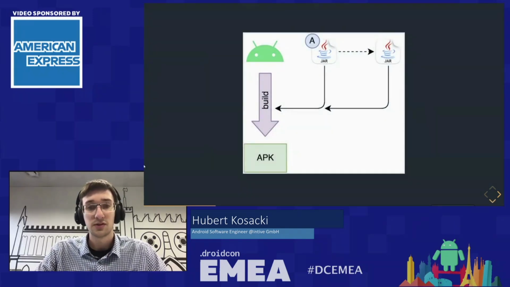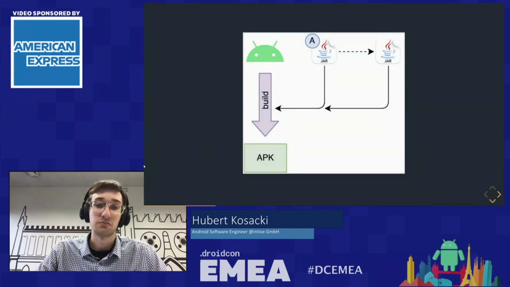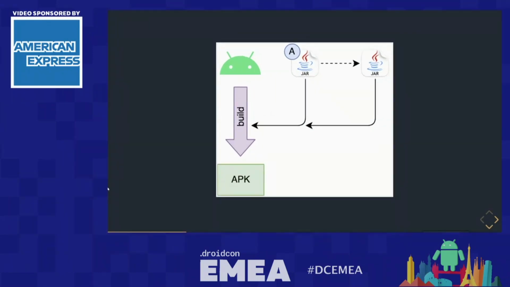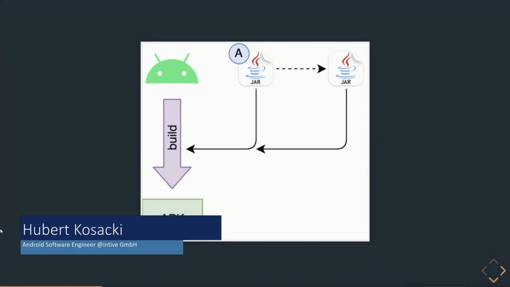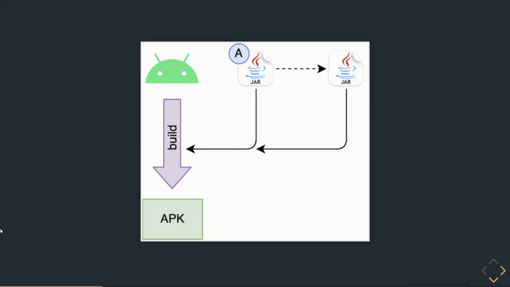So let's consider the following Android project setup demo. Since we are at droidCon, let's assume a mobile application project. So let's assume we have our app application project that makes use of this so-called jar library that depends on another library we are actually developing.